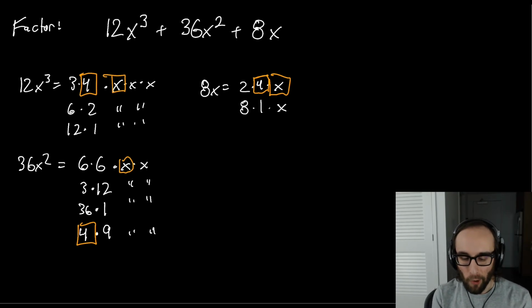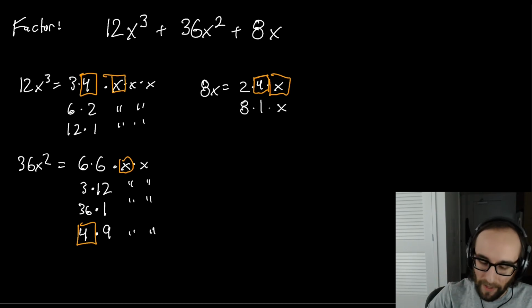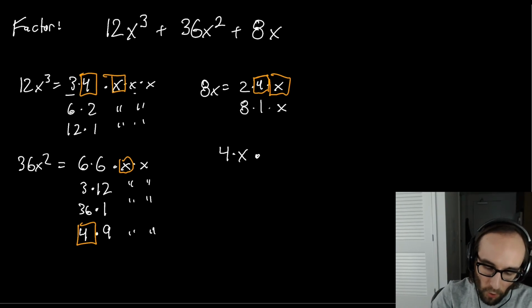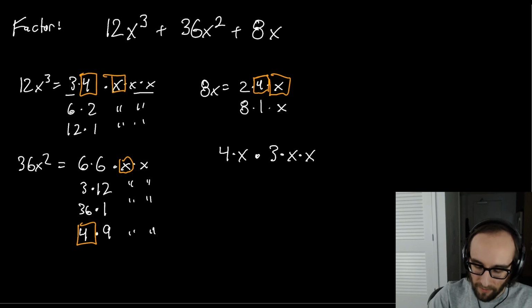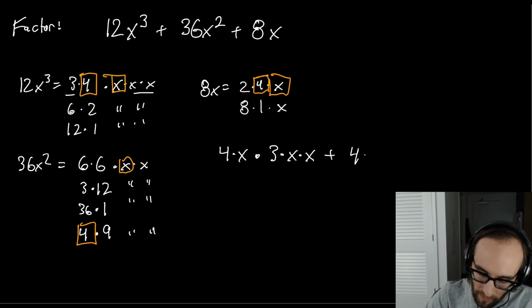Okay, so next what we'll do is rewrite all of our terms with those common factors. So let's start off with the 12x to the third. Here we have 4 times x. So I'm writing the common factors first, times whatever we have left over. So we have 3 times x squared, or x times x. Okay, next for the 36x squared, we have 4 times x.